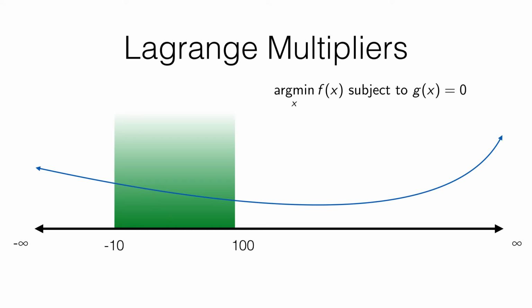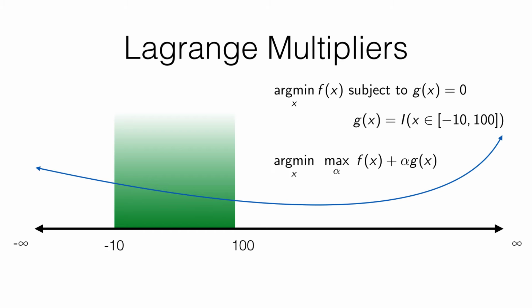In the picture I've drawn here, we can say that g of x is equal to the indicator of whether x is in the interval -10, 100. That is only 0 in the allowed green space, and non-zero, or 1 in this case, whenever you're in the disallowed space.